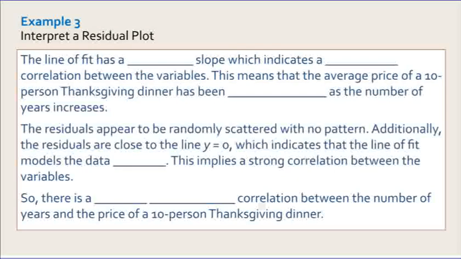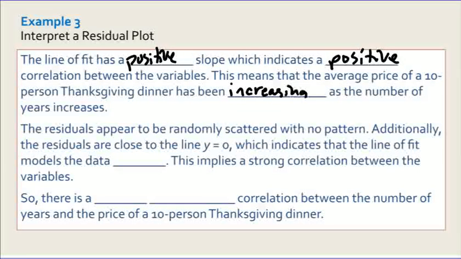So our next slide says the line of fit has a positive slope, which indicates a positive correlation between the variables. This means that the average price of a 10-person Thanksgiving dinner has been increasing as the number of years increases.